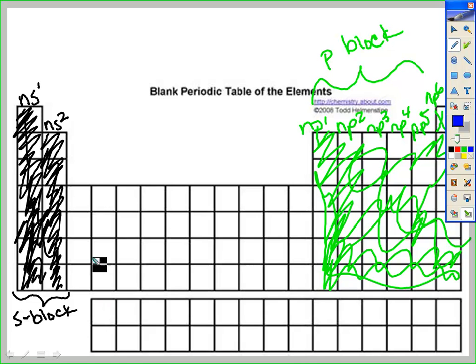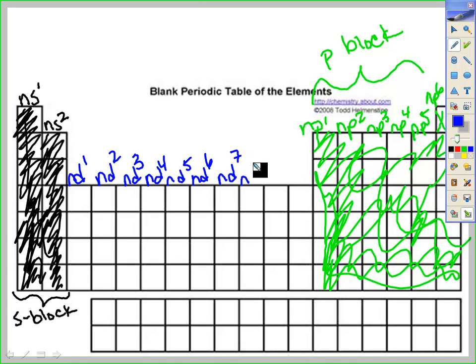Then we took blue, and we saw that all of these elements ended in D something, ND1 through ND10. N is just some kind of a number.